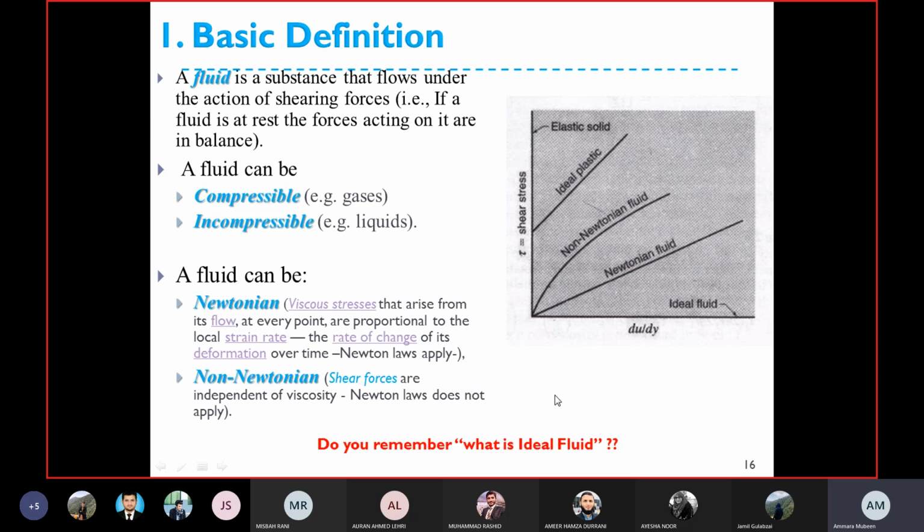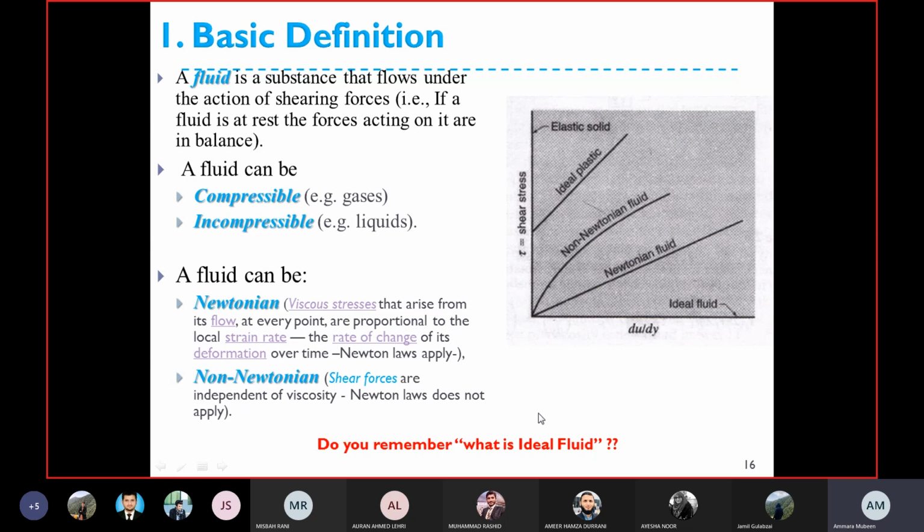So you should know the concepts of fluid mechanics in it, and the foremost definition you should know is the definition of fluid. A fluid is a substance that flows under the action of shearing forces. That is, if a fluid is at rest, the forces acting on it are in balance.